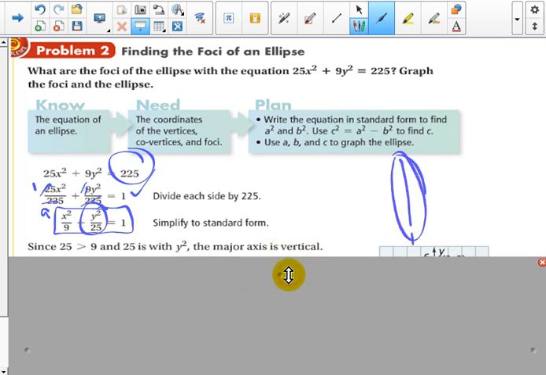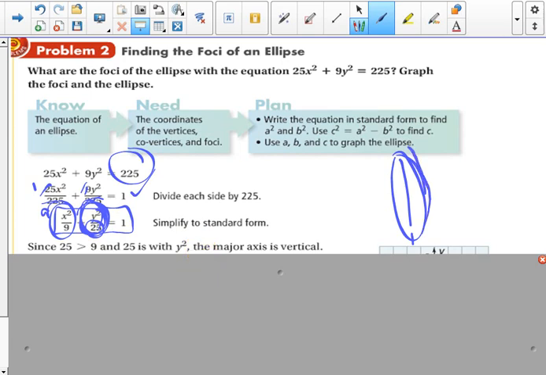Another way to look at it is to see what the bigger number is with, the x or the y. Whatever the bigger number's with in the denominator, that's your major axis. The bigger number is with y, so it is a vertical ellipse.